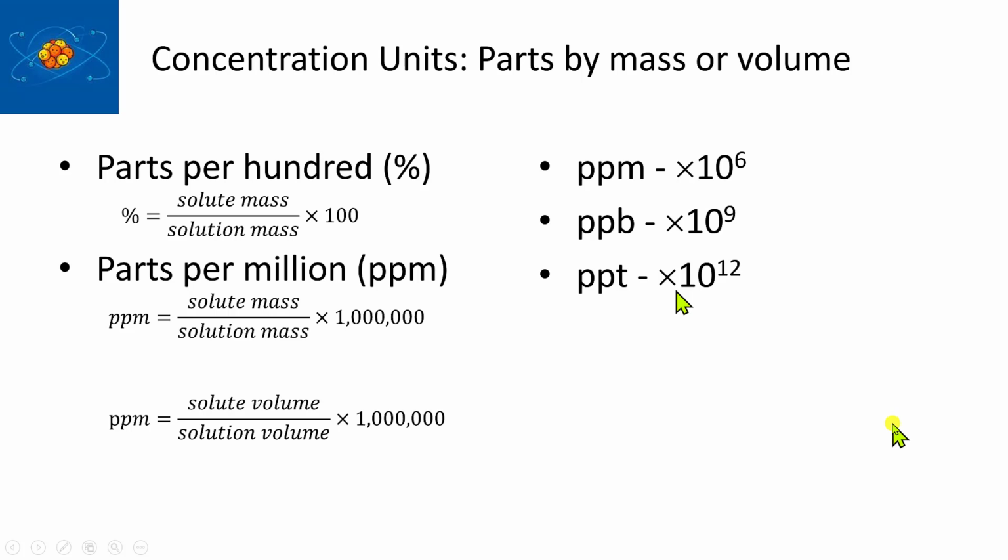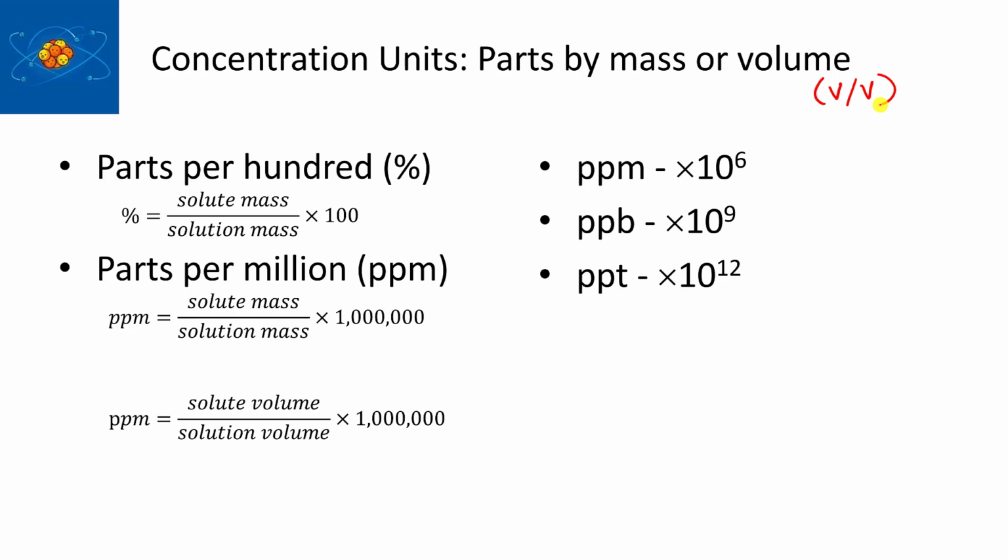Another really common set of units are the parts per set of units, and it can be parts per 100 or parts per million or parts per 1,000, and it can be done either by mass or by volume. Now, when the calculations are done by volumes, then you'll often see something like this.